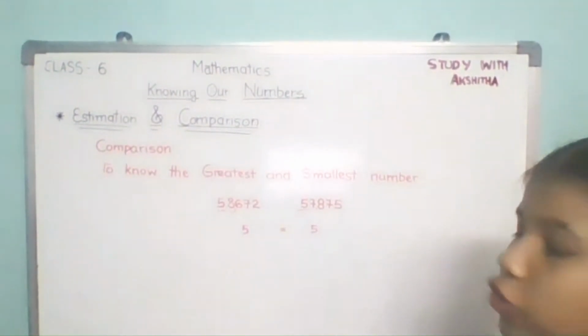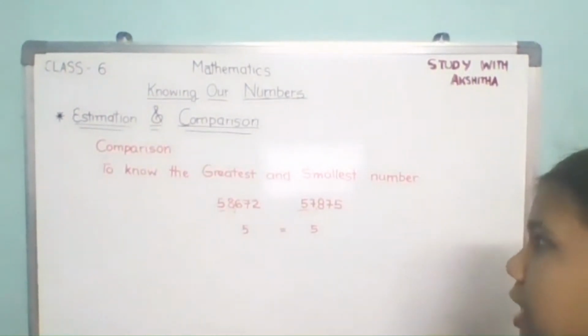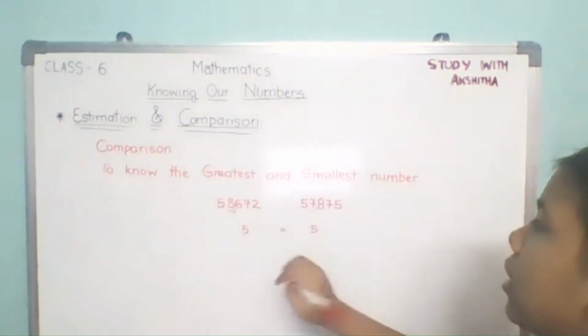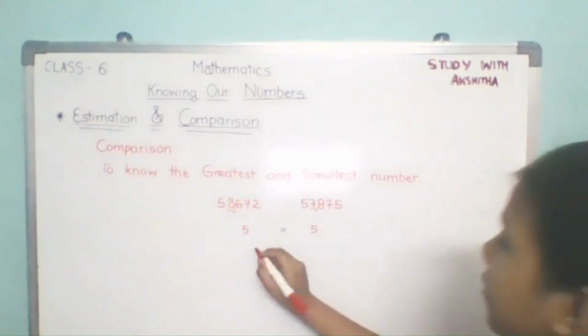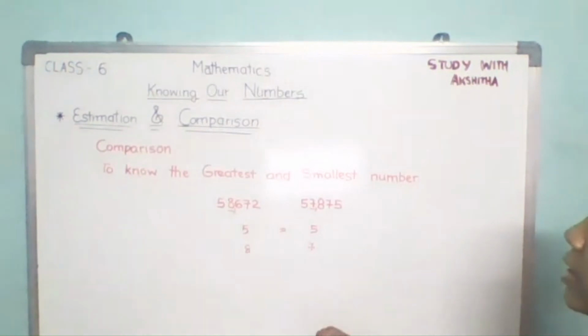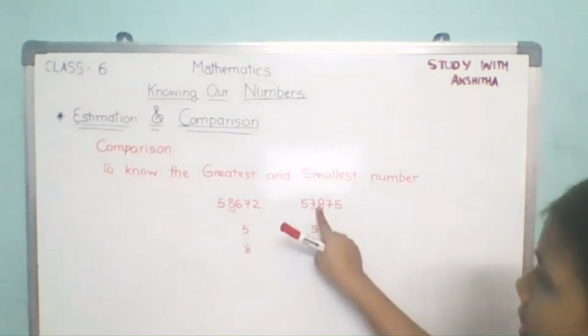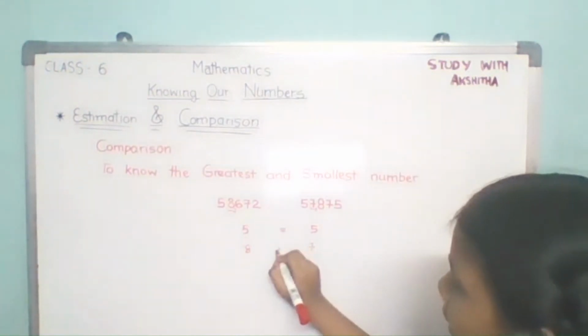Then, we need to move to the next digit, that is in the thousands place. So, here we are having 8 and here we are having 7. So, let's compare 8 and 7. Then we will know which is the greatest and smallest number. If we compare 8 and 7, then 8 is the greatest number.